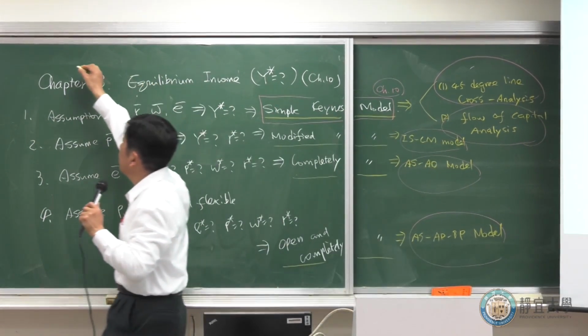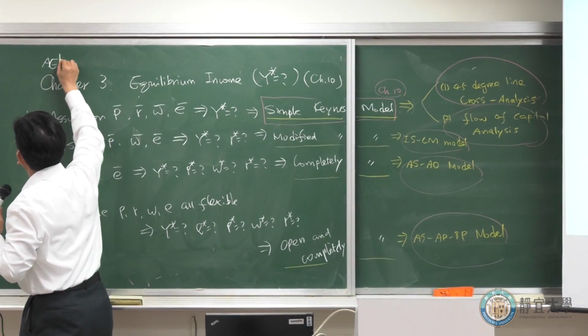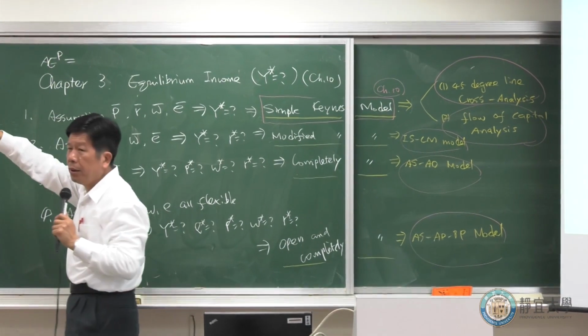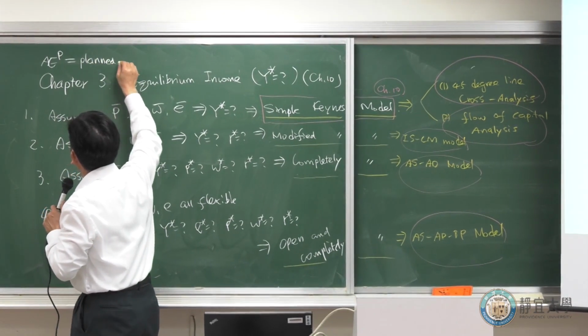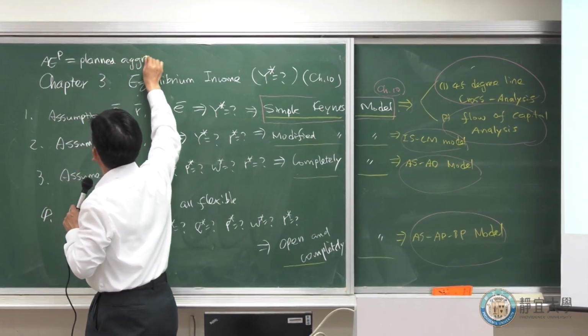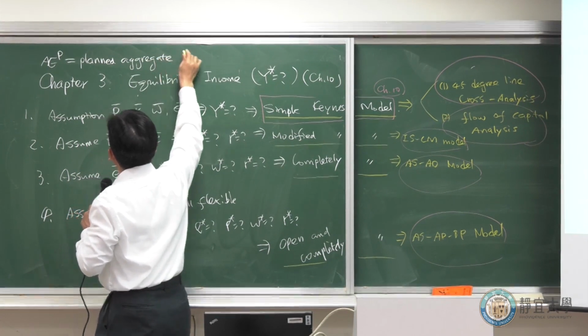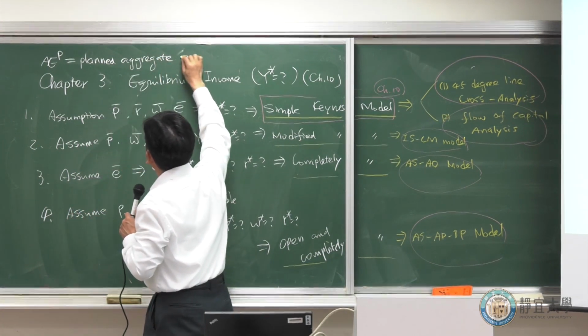Here you can look, this is AEP. Do you remember last week we said this is planning aggregate demand, the expenditure.